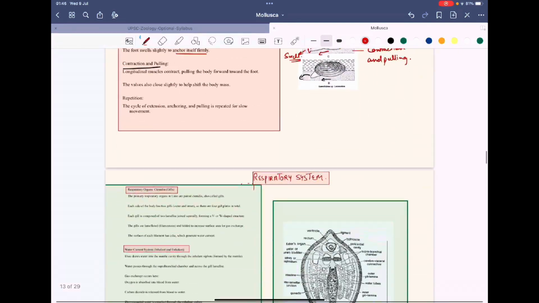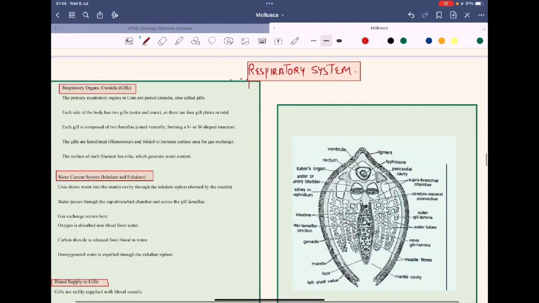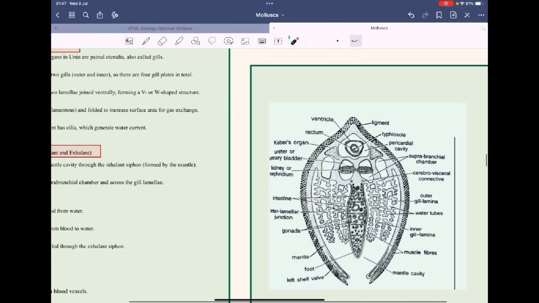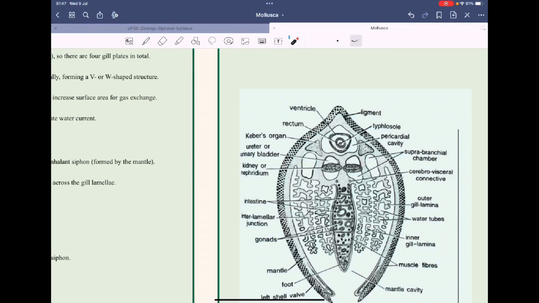After that, the respiration takes place. In respiration, first we understand the main parts of the respiratory system. You can observe the most important parts here: these are the gills, these are the outer lamellae of the gills.